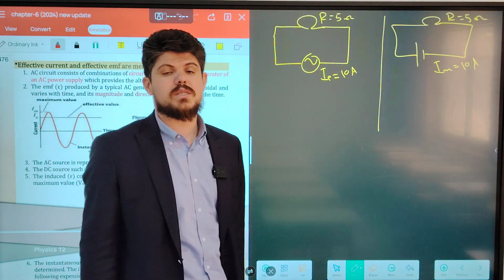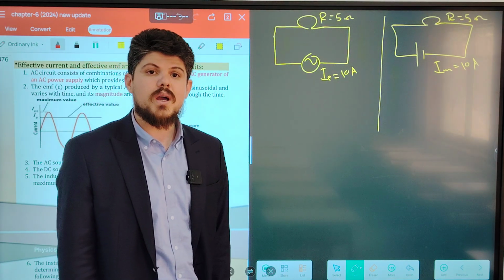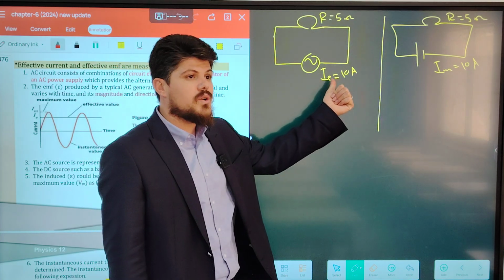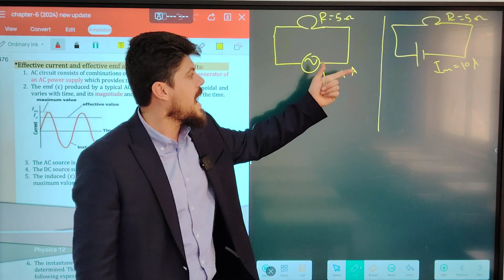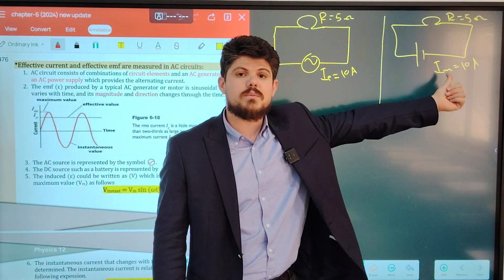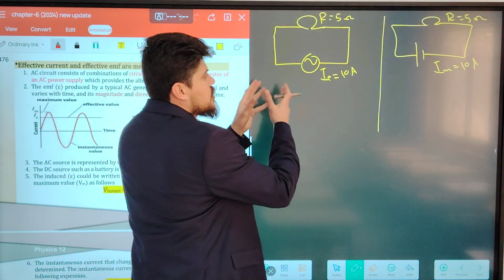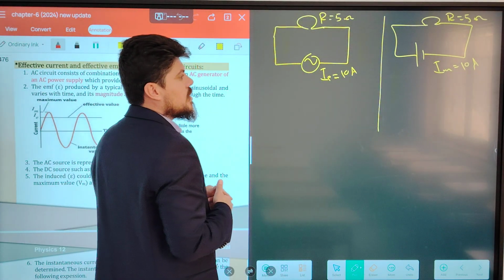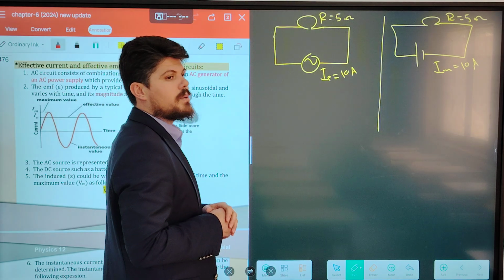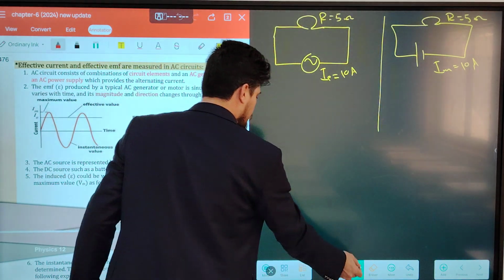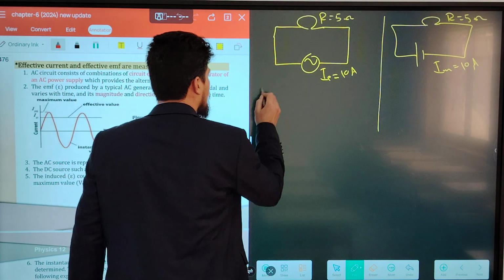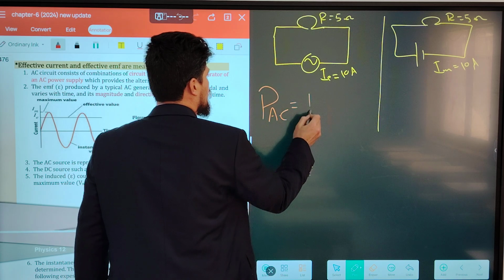Which one has more power dissipation? Same. Why? Because the effective value of the AC current has the same effect as the maximum value of the DC current. If we calculate the power dissipation in these two different cases, we get the same value. Power dissipation in AC is equal to what?